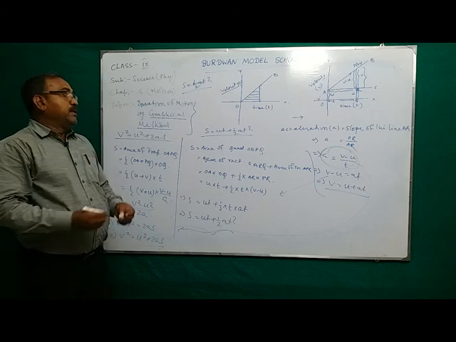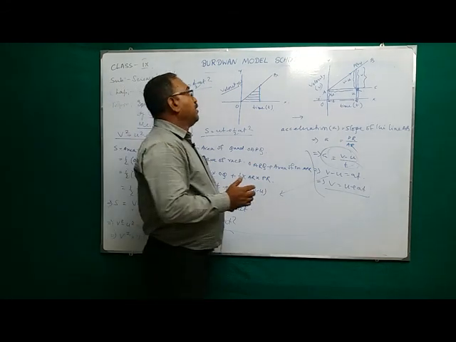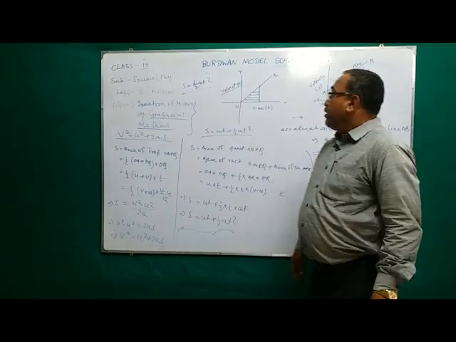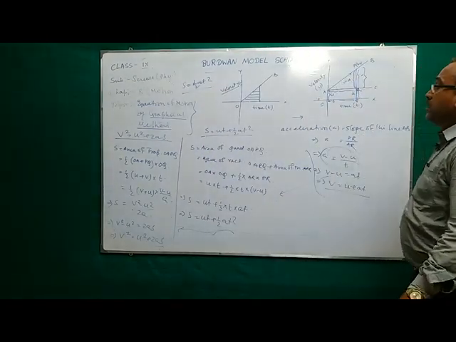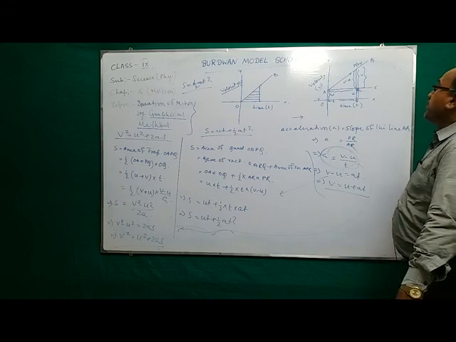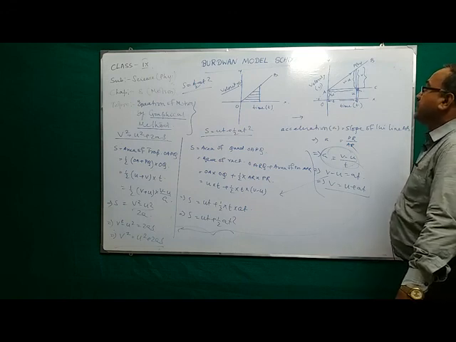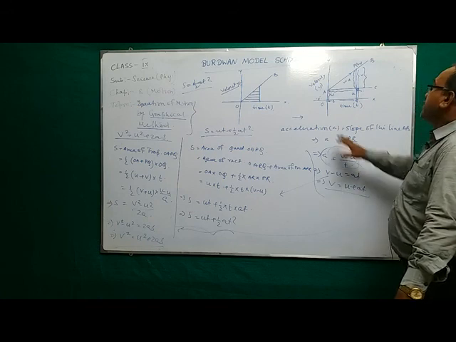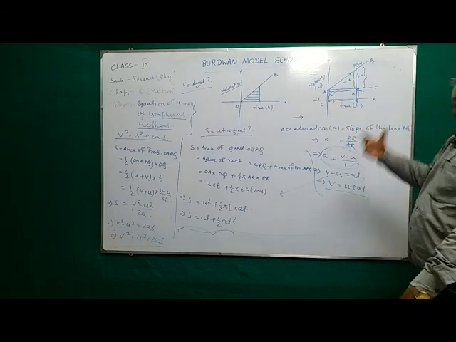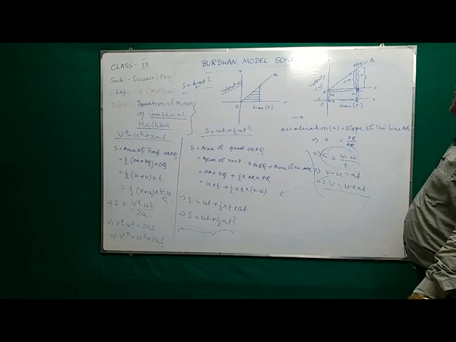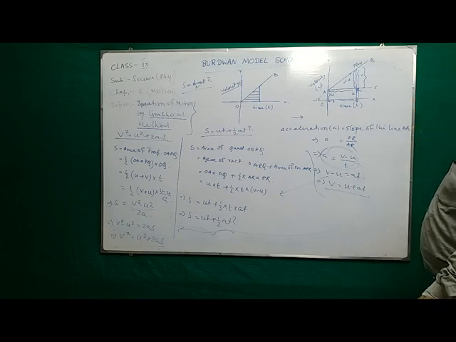So those are the derivations. According to your syllabus, you must try to clear it. First you draw the diagram with the help of a pencil and scale and choose the variables. Two variables are here, velocity and time, so mark which axis is velocity and which axis is time, and then draw the diagram.